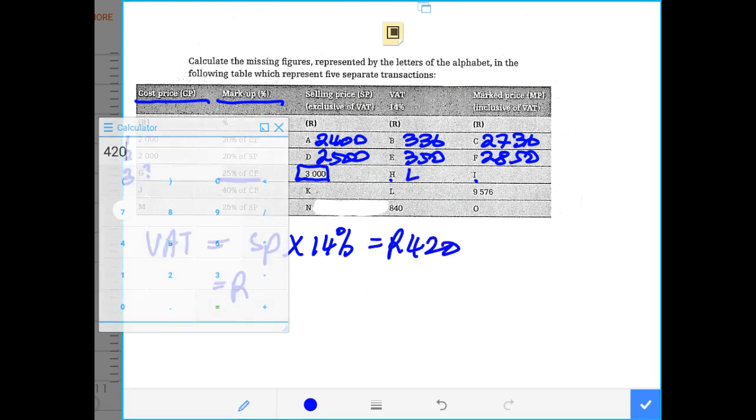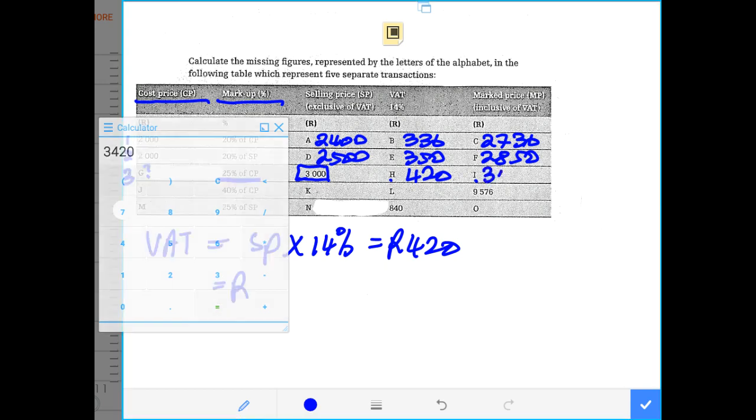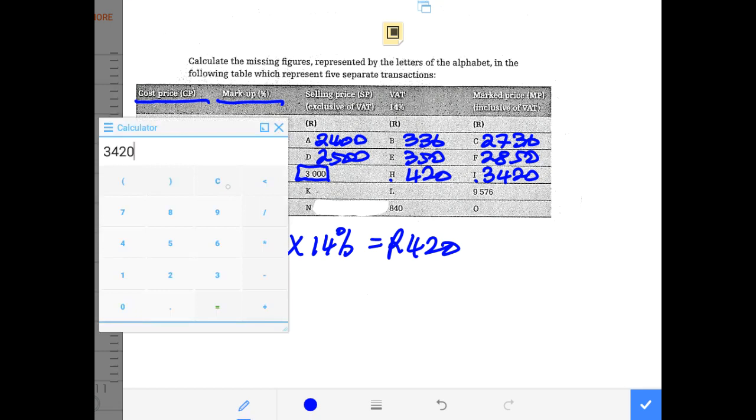Then our VAT is done. Then we say VAT plus 3,000, which is VAT plus selling price, it will give us 3,420. Then we are done with the other dimension. Don't forget that if you wanted, you could have said 3,000 of the selling price times 1.14 to get straight to the marked price after VAT was already taken into account.